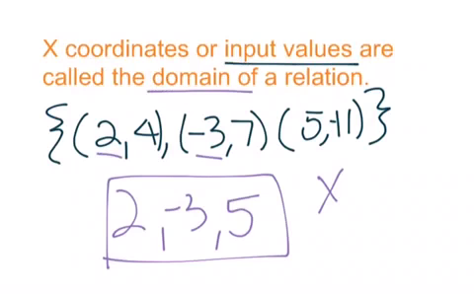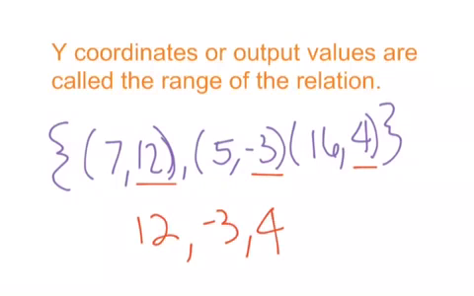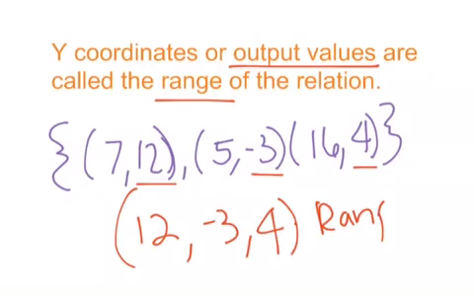They go by 3 different things. Your Y coordinates, which would be 12, -3, and 4, are your Y coordinates, or your output values. They're called the range of the relation.